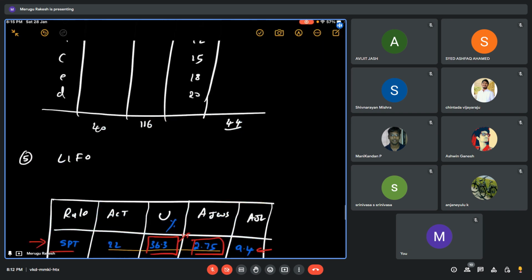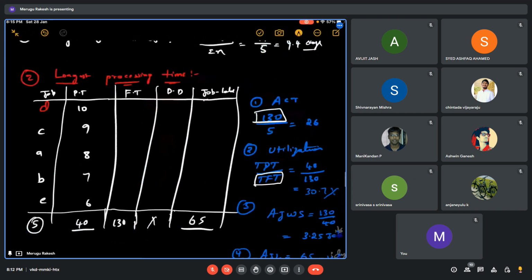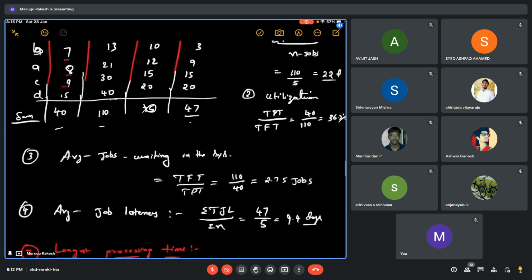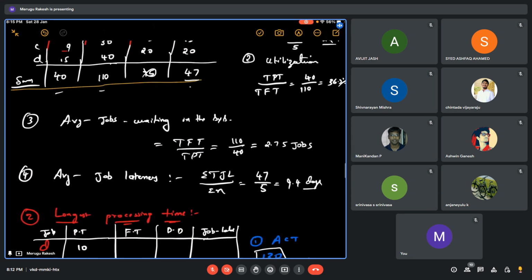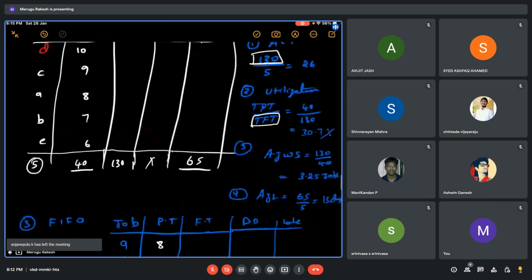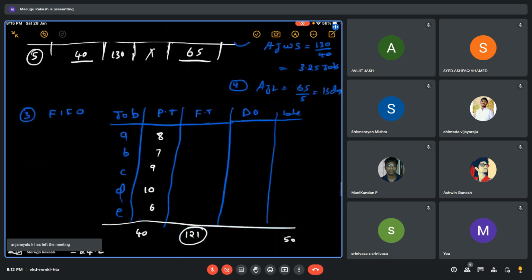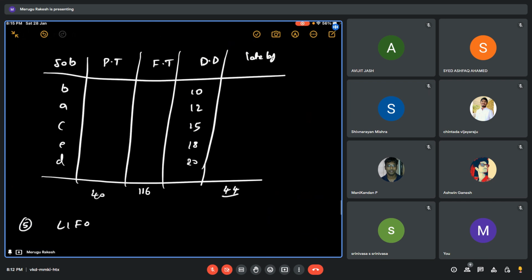We have to see each individual value. Let me start from the first one. Here I got, for SPT, 110. Then the other one is longest processing, where I got 130. So 110, 130, then 121, then 116.